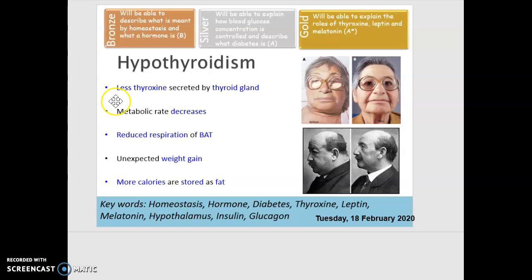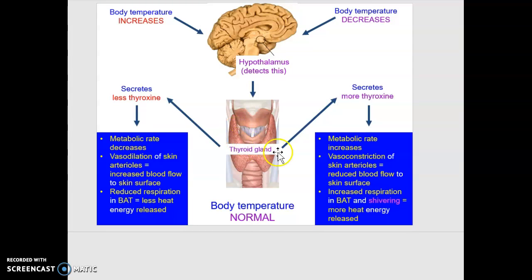If you've got less thyroxine supported by the thyroid gland, the metabolic rate decreases, which means you've got reduced respiration of your brown adipose tissue, so you get unexpected weight gain, and more calories are stored as fat. So that can be a problem if your body's not producing enough of the thyroxine.